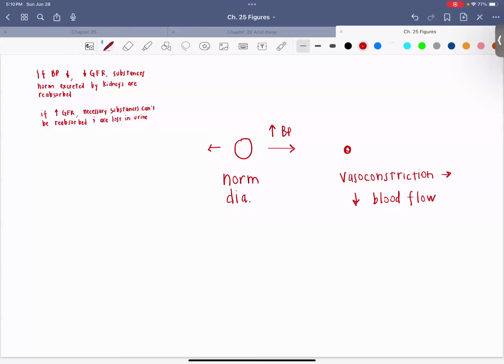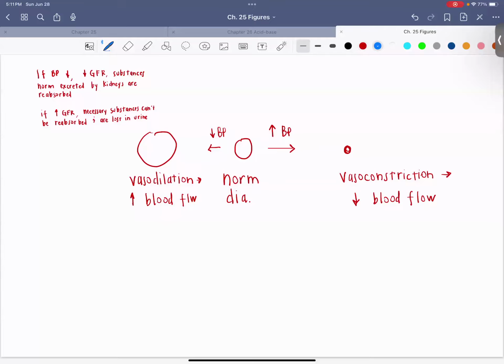On the other hand, if the blood pressure is too low, we want to open that arteriole up wide. Dilation then will increase blood flow, which will bring the glomerular filtration rate back up.